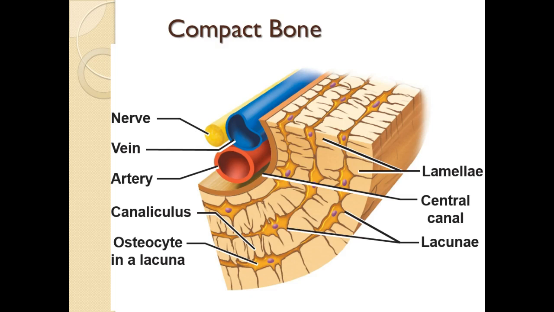Oxygen and glucose to all three of these cells. How is it going to get there? Through the canaliculi. So the nutrients themselves can't penetrate the bone, right? It's solid. So in order for all of the cells on the perimeter of the bone, in the outermost lamella, to actually get the nutrients, those nutrients have to pass through the canaliculi. Okay? So that is why those are important.